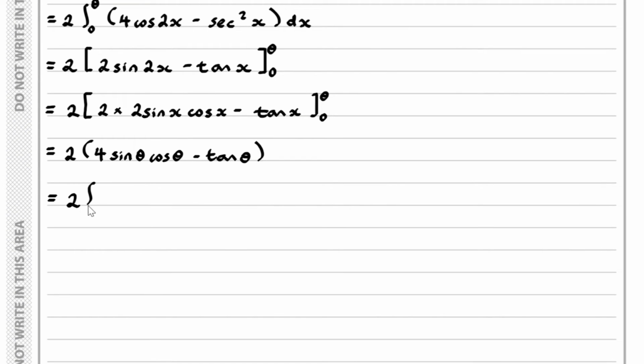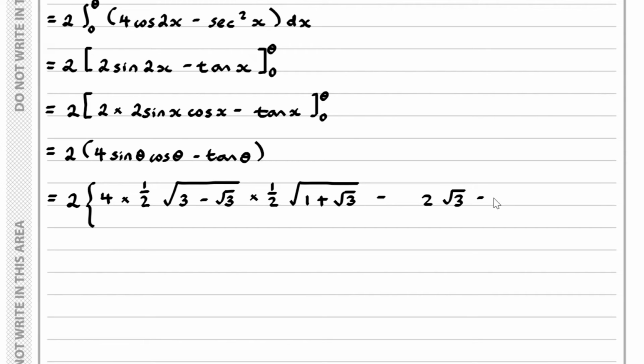So I've got the 2 on the outside, and inside I've got 4 multiplied by sine theta, that's the same as 1/2 multiplied by 3 minus square root 3 square rooted, multiplied by 1/2 multiplied by 1 plus square root 3 square rooted, and then tan theta, that's the same as 2 root 3 minus 3 square rooted.